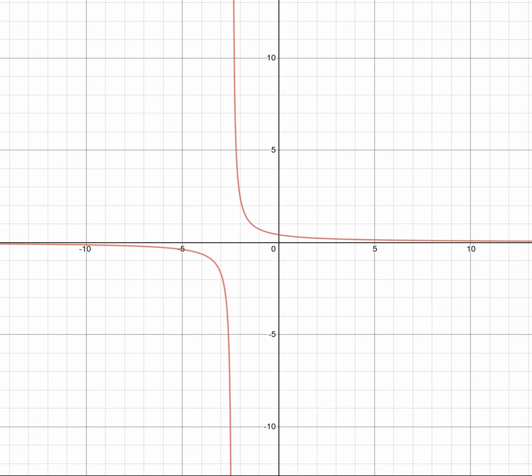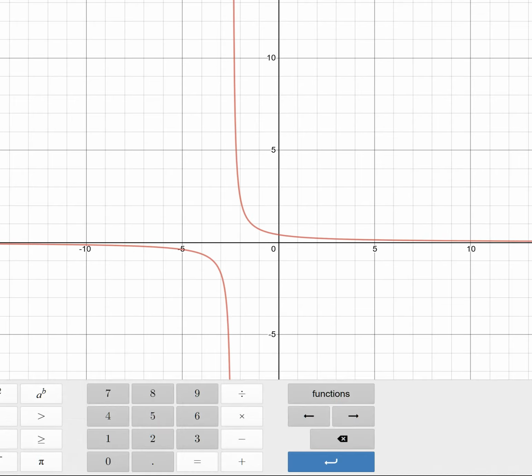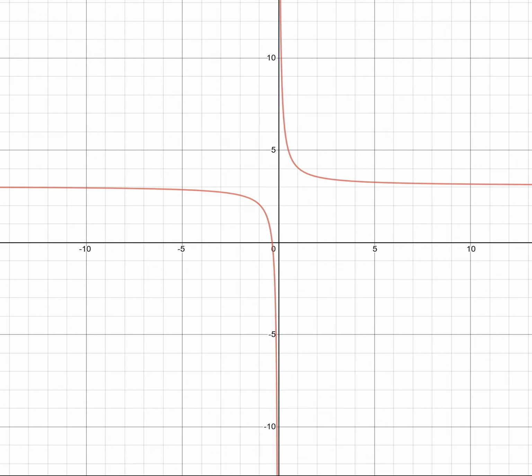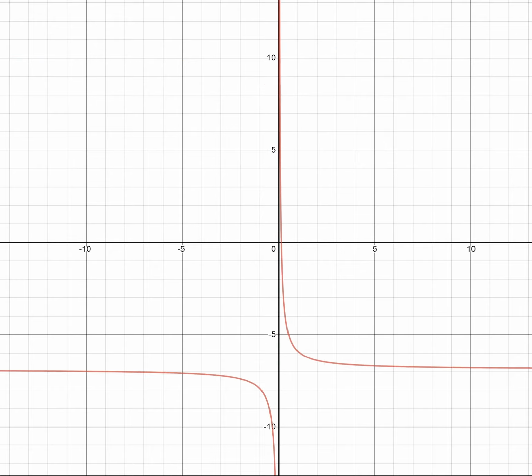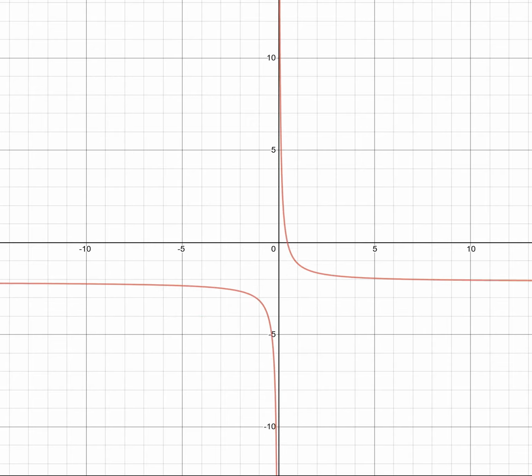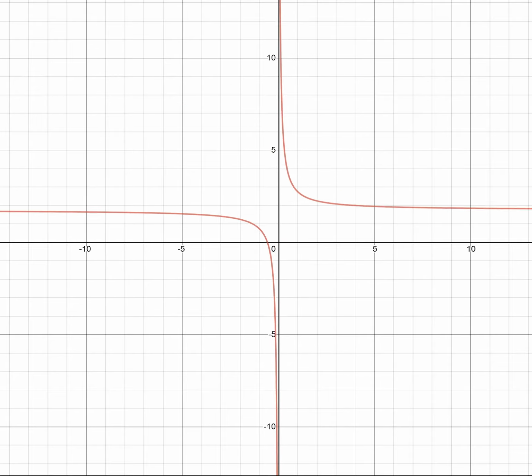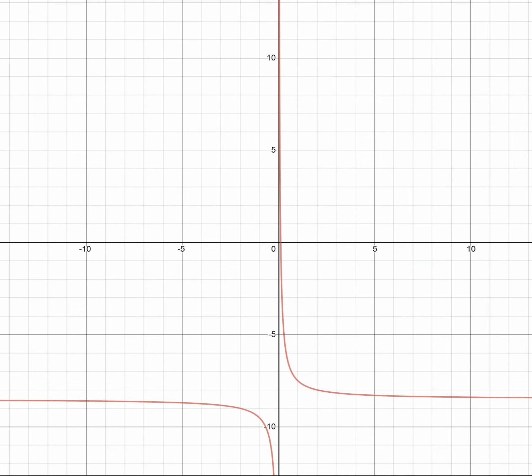So if we set h back to 0, there we go, and this time we'll alter k. We can see that k is always going to be our y asymptote. That's simply because this plus k represents the fact that we're translating along the vertical axis, or translating in the y direction.